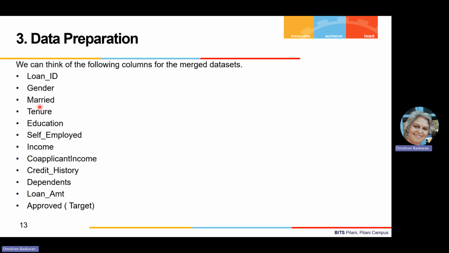So finally, when I'm trying to merge, we have decided on loan ID, gender, married, tenure, education, self-employed, income, co-applicant income, credit history, dependence, loan amount, and approved. The approved would be the target. The entire business problem of this data set is, when given a set of values, to predict whether that particular customer's loan will get approved or not.